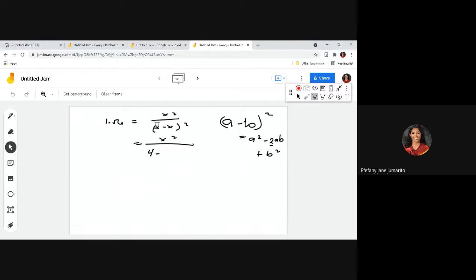What is AB here? It equals x times 2. It will become 4x, plus x squared. X squared. Okay, so that's it.